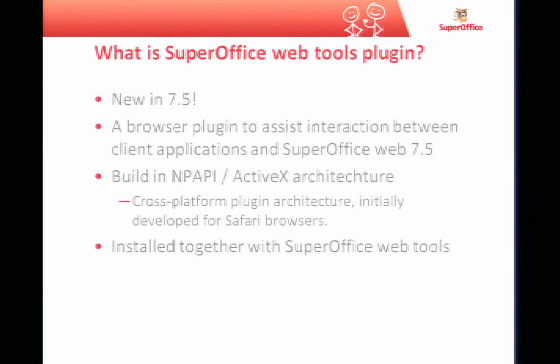This is silently installed together with web tools. As far as I can see, the installer will not tell you that it installs it. It will just call it web tools, and that's it. But the plugin will be installed on the preferred browser that you are in. So if you are installing the web tools in Chrome, it will install the Chrome plugin.